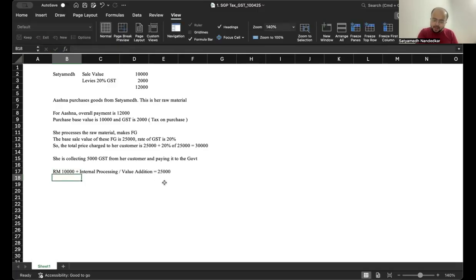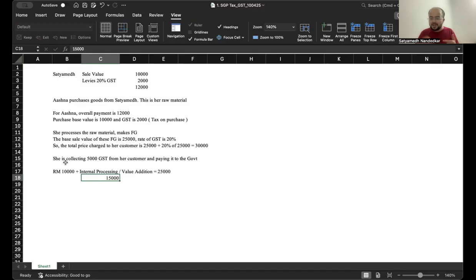Now, she's paying tax on 25,000, and on this raw material, she has already paid a tax of 2,000. So this 10,000 is entering into the production process, and on the total amount of 25,000, a certain amount of tax is being levied. So on one hand, you are levying tax on the sale value of 25,000, and on the raw material of 10,000, tax had already been levied.